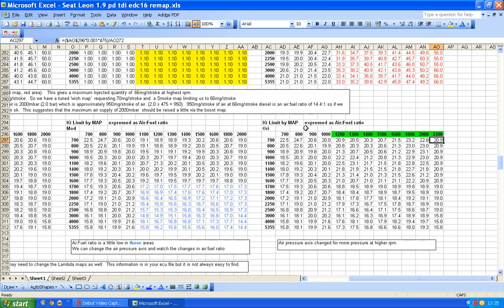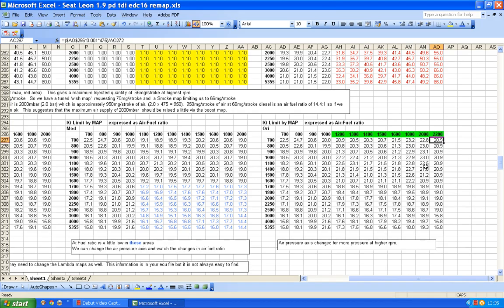But I would be very tempted to try this as it is, because these figures for the smoke map should be reasonably okay to use, and given that the torque map is probably going to pull us down anyway, we'll probably be okay at this point.